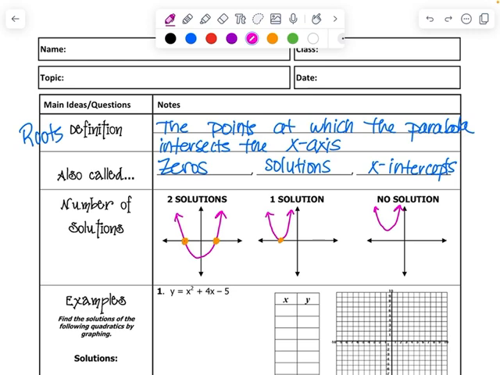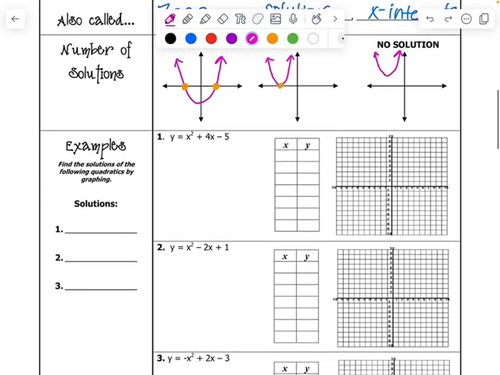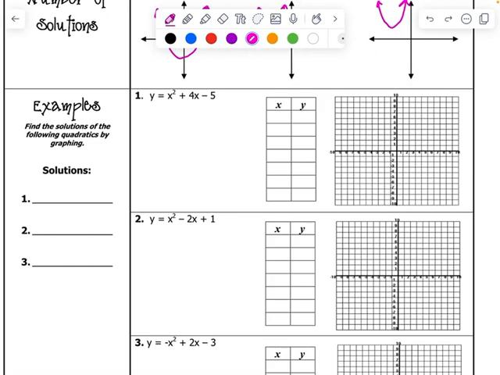Okay, so this is why we had you practice some graphing yesterday after your quiz, because what we want to do is graph our function and determine, hey, what are the solutions? So we are looking for graphically where our parabola crosses the x-axis.